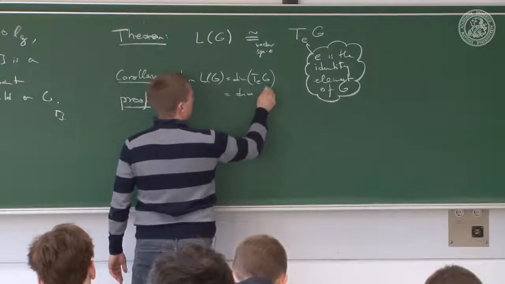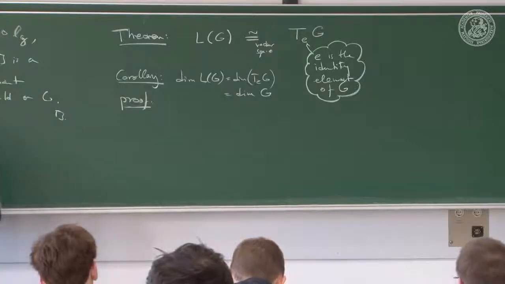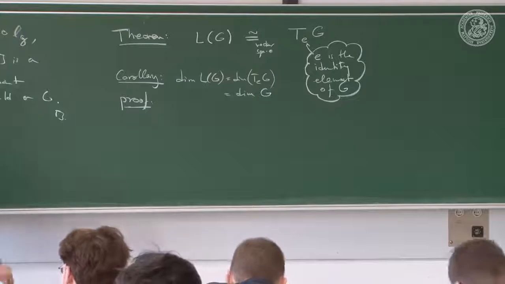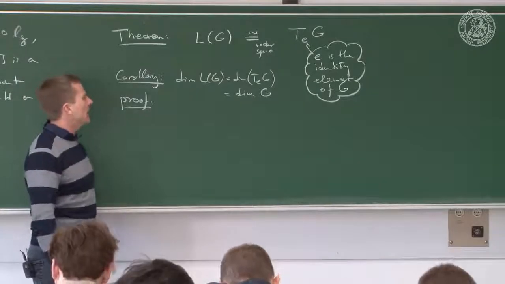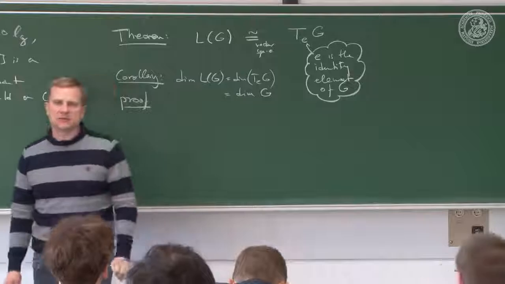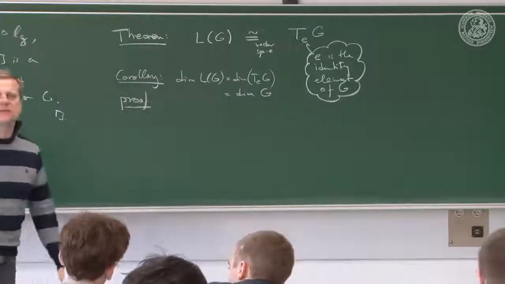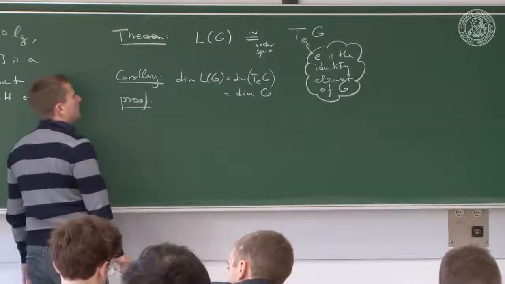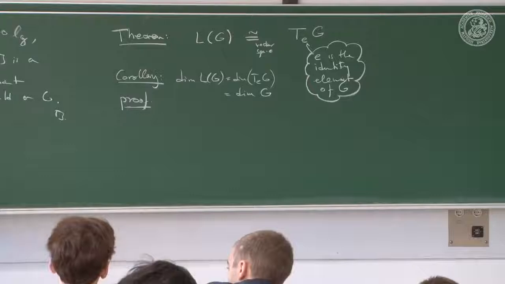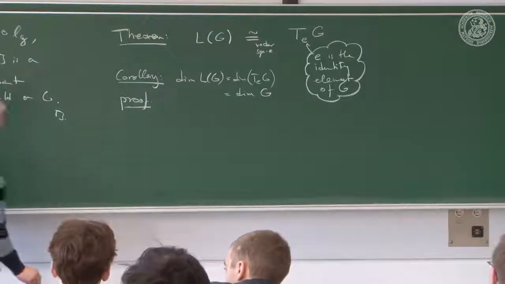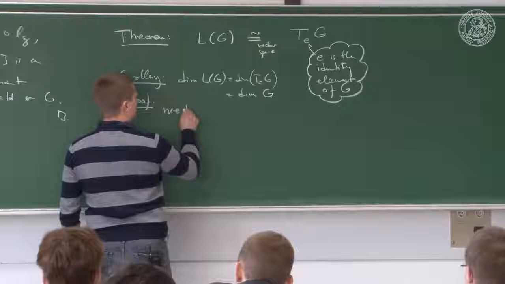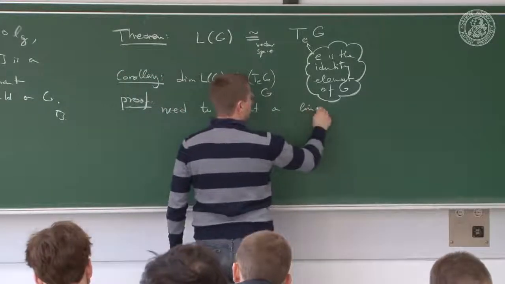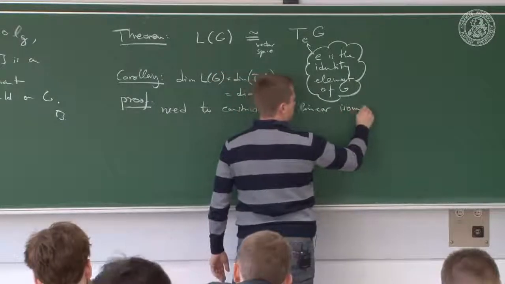But that's the same as the dimension of the manifold, because the tangent space as a vector space has the manifold dimension of the underlying manifold. And if this is a finite dimensional manifold, then the Lie algebra is finite dimensional. Okay? So that's the corollary. And now the proof. So what do we have to do? Need to construct a linear isomorphism.